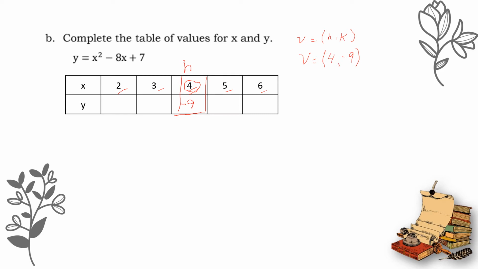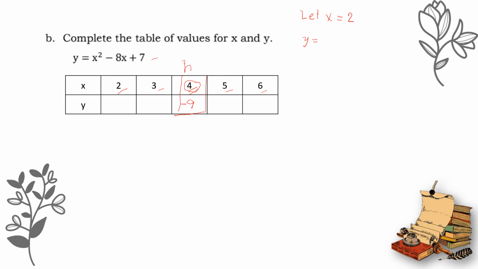So, solve po tayo. We need to let x as the values of this given equation and then simplify or i-substitute po natin. So, let x po natin una. Ang let x natin ay equal to 2. If your x is equal to 2, what do you think would be the value of y? So, y is equal to, kunin po natin yung formula or yung equation natin, x squared minus 8x plus 7.